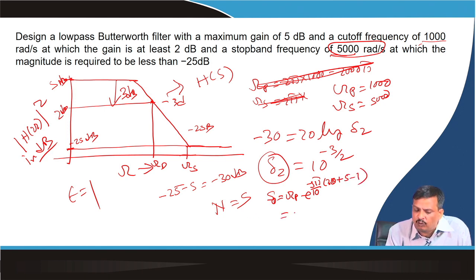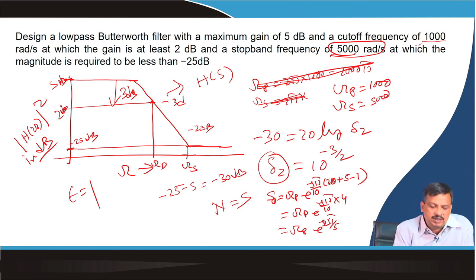So, it is nothing but omega p e to the power j pi by 10 into 4, which is omega p e to the power j 2 pi by 5. So, S0 is equal to omega p into cos 2 pi by 5 plus j sin 2 pi by 5.